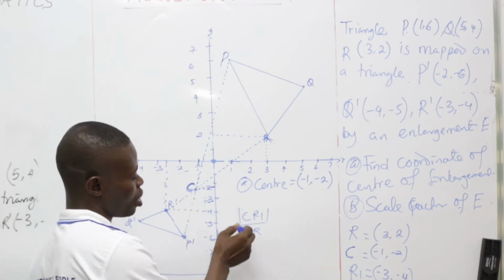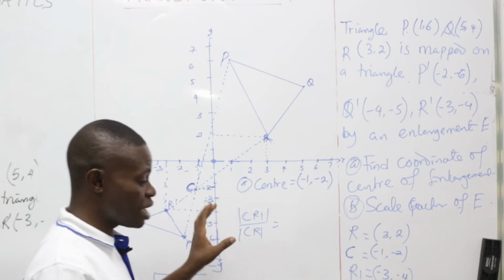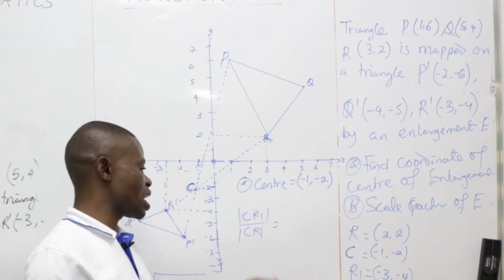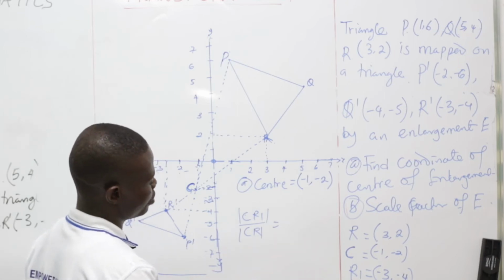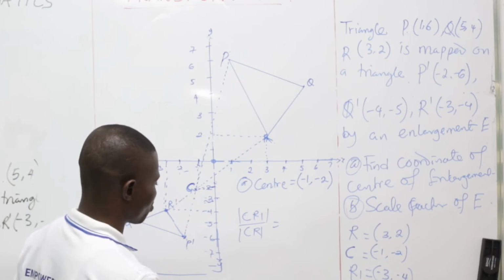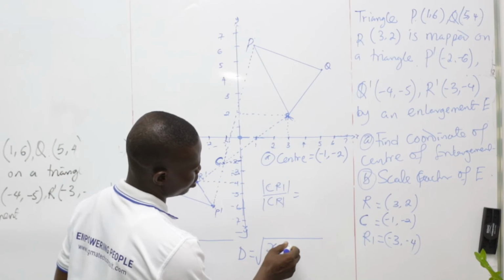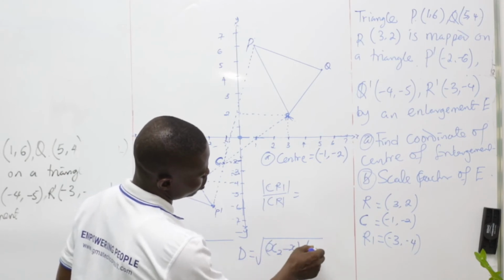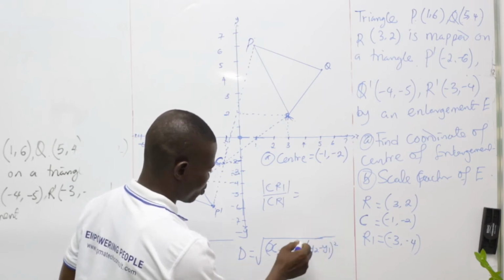CR prime over CR equals, for scale factor, we are using the distance between two points. Let us get the distance between C and R prime. D equals square root of x2 minus x1 plus y2 minus y1, all squared.